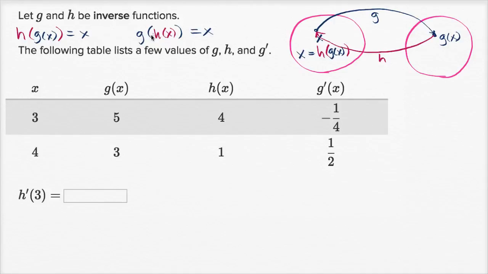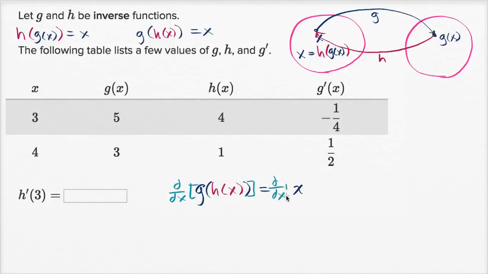So let's start with either one of these expressions up here. Well, let's do this one over here. So if we have g of h of x is equal to x, which is by definition true if g and h are inverses. Well, now let's take the derivative with respect to x of both sides.